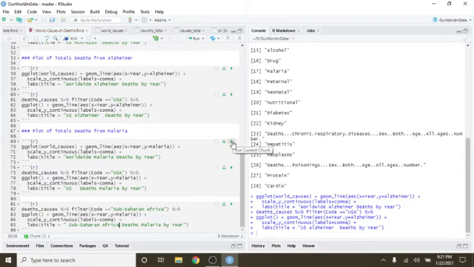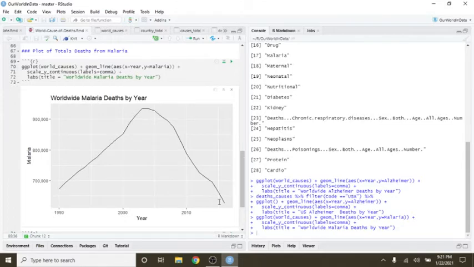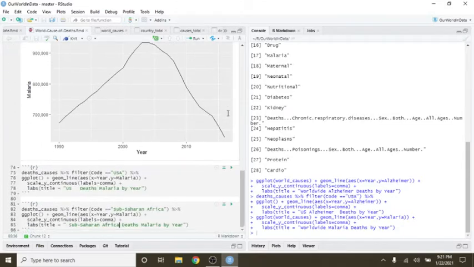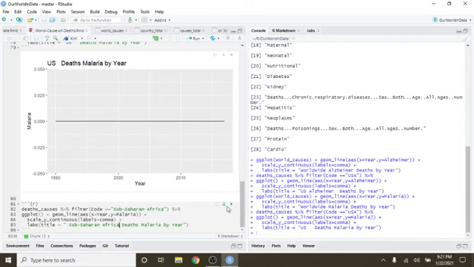So let's take a look at malaria. Worldwide malaria cases. Oh, this is good news. It has fallen below 500,000 deaths per year. This is malaria deaths in the U.S. This should be sure interesting. No deaths from malaria in the U.S.